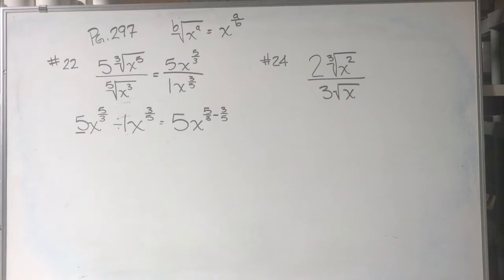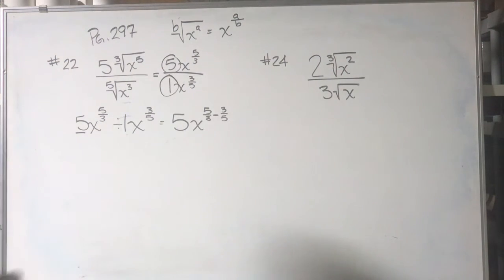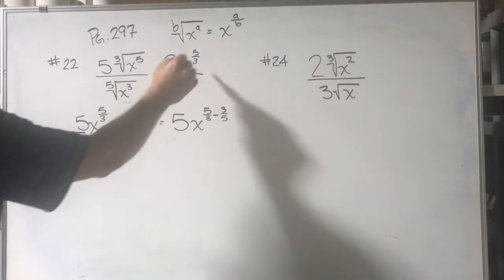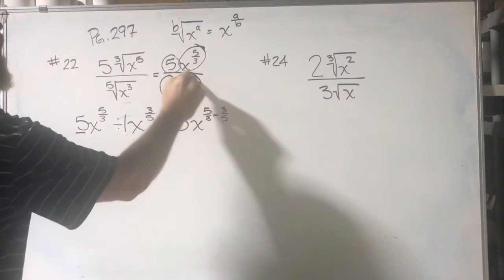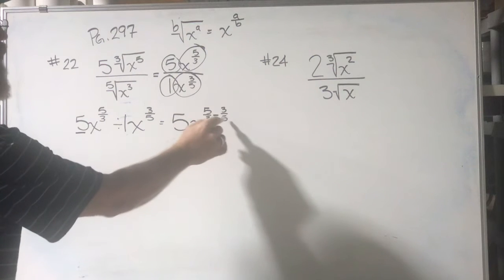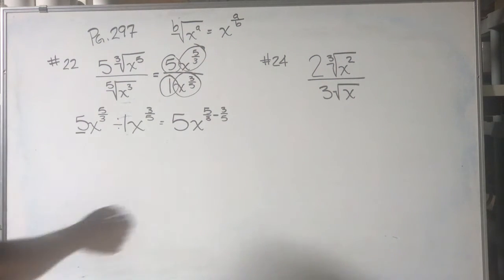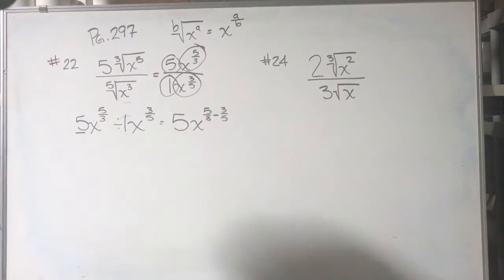Okay? All we did is we divided the coefficients, and then we divided the variables. And the way we divide variables is you keep the variable and you subtract the exponents. Okay? So what is 5/3 minus 3/5?